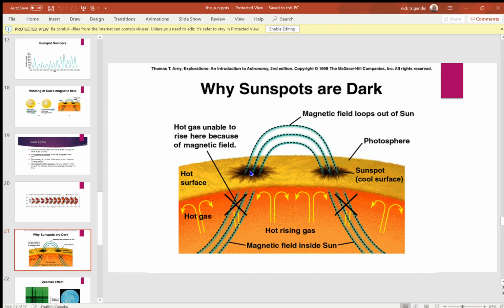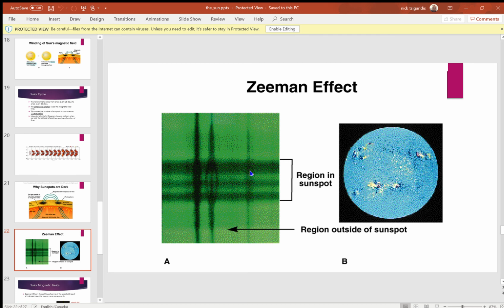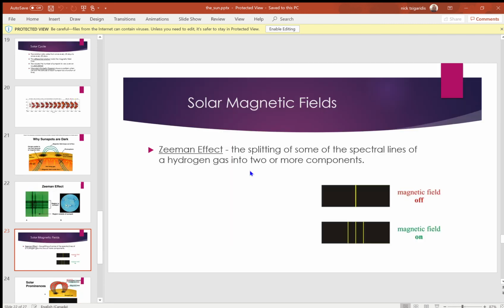One of the other features that we see with this is called the Zeeman effect. And so we can actually map out these spectral lines on a star like our sun. And so what we end up seeing is we get regions where you get this thing called the Zeeman effect. What the Zeeman effect is, it's a splitting of the spectral lines of hydrogen gas into two or more components.